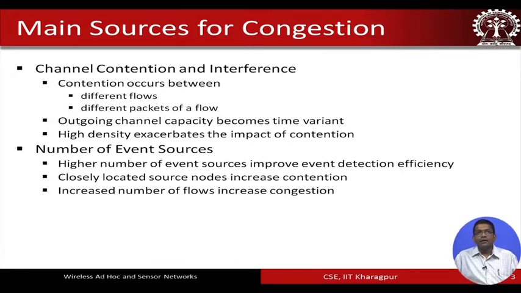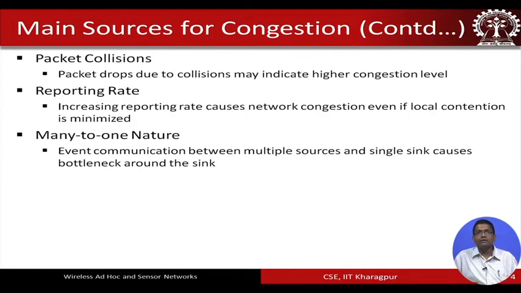But that has an implication on congestion. If a large number of source nodes detect an event, that will lead to congestion at the receiver nodes. Second, closely located source nodes will increase the contention. Third, the increased number of flows will also increase congestion. So, these are the different sources of congestion in sensor networks.